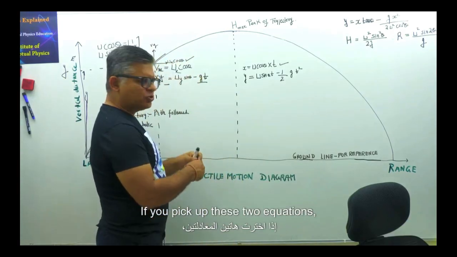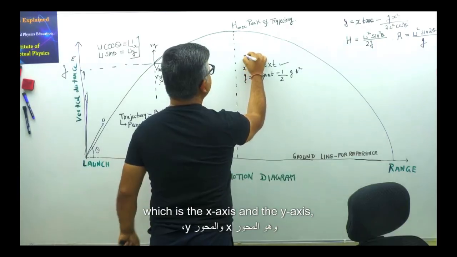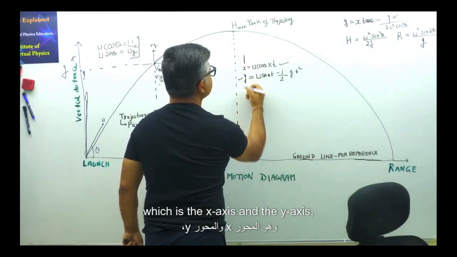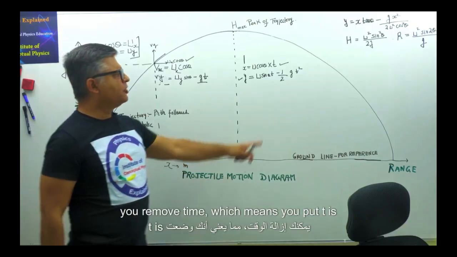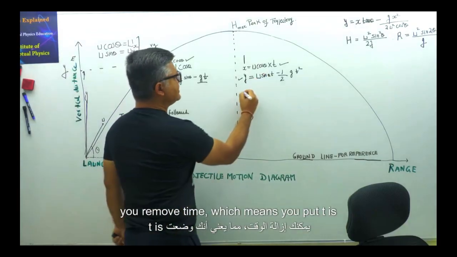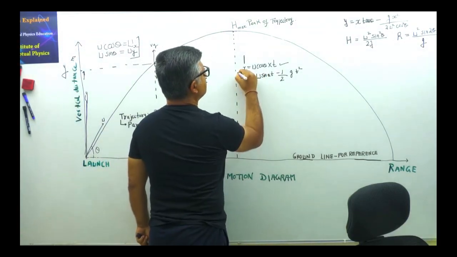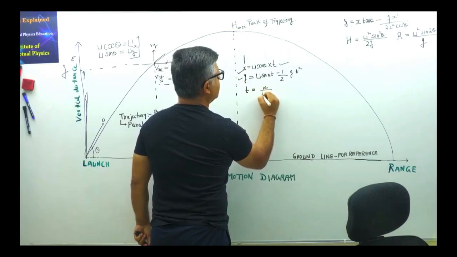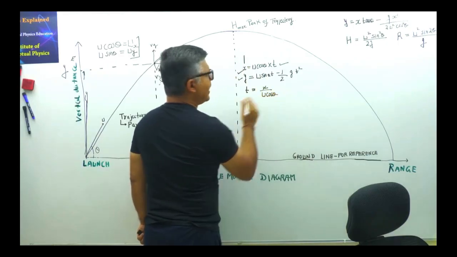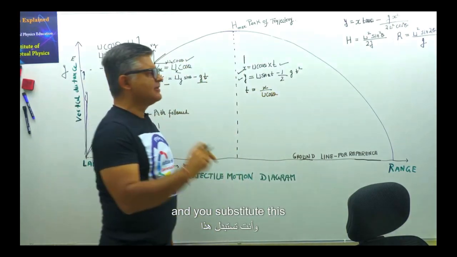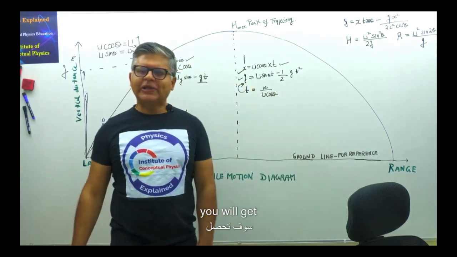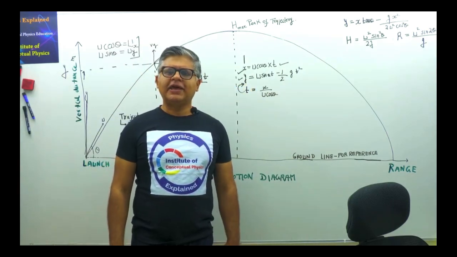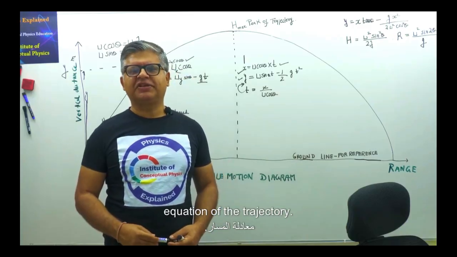If you pick up these two equations, the x-axis and the y-axis, and you remove time, which means you put t is equal to x upon u cos theta, and you substitute this in the y-axis, solve it, you will get the equation of the trajectory.